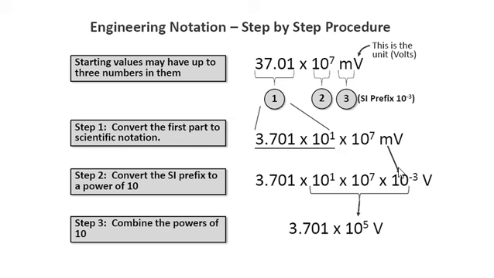And then we're going to change the prefix into powers of 10. This is your milli, so it's going to be 10 to the power minus 3. So now you have all the powers of 10, so we're going to apply our exponent rule. All you have to do is add them up, and you're going to get 7 plus 1 minus 3 is 5. So now you got 3.701 times 10 to the power 5 volts.